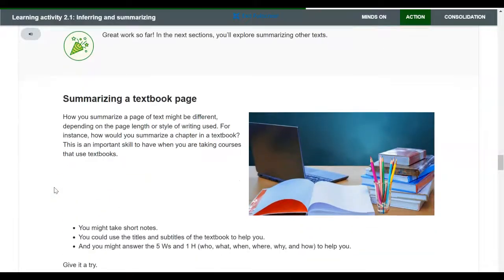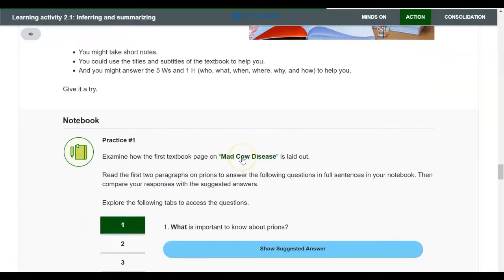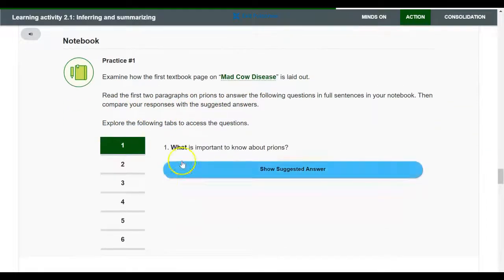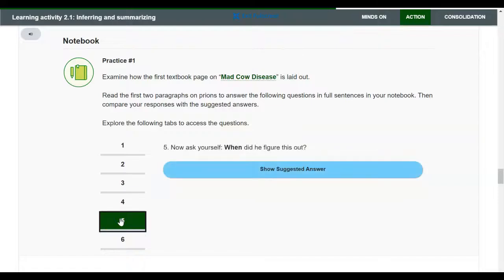So here we can give you an example from a textbook. If you click here, it will give you an example from a textbook. You're going to read the first two paragraphs and then see what you can answer here: what, why, where, who, when, and how.